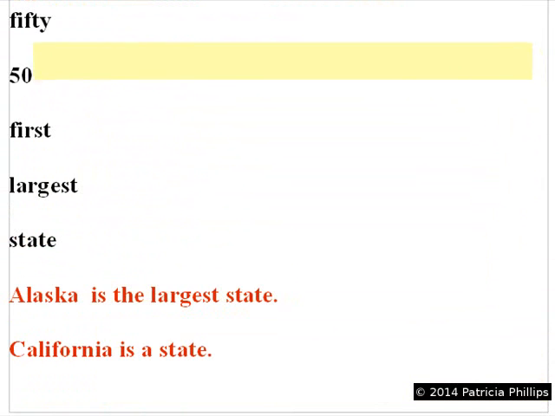You ready? Okay. 50. 50. First. Largest. State. Alaska is the largest state. California is a state.